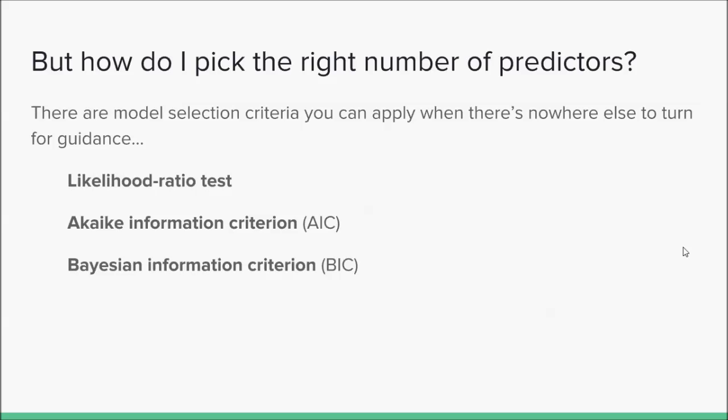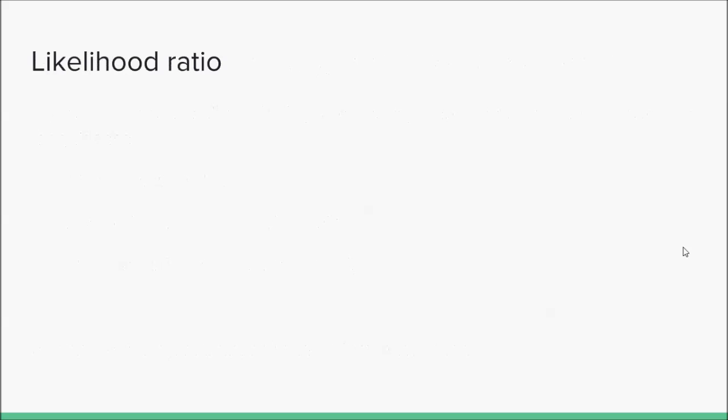And the associated one, the Bayesian information criterion, which is called BIC. All of these tests basically penalize the model if it has a large number of parameters. And they all do it in slightly different ways. AIC and BIC are pretty similar to each other. But first I'll talk about the likelihood ratio test because you actually might have seen this before.